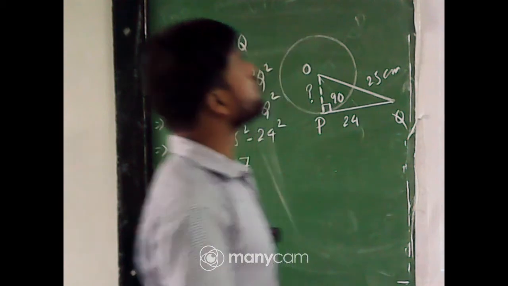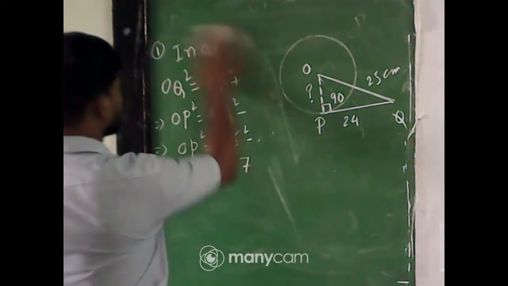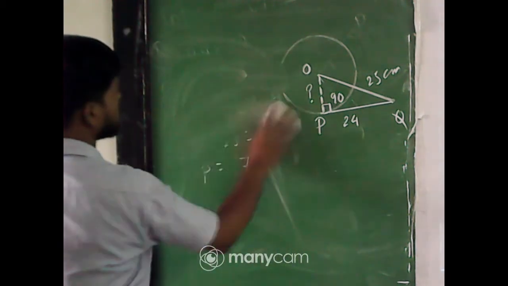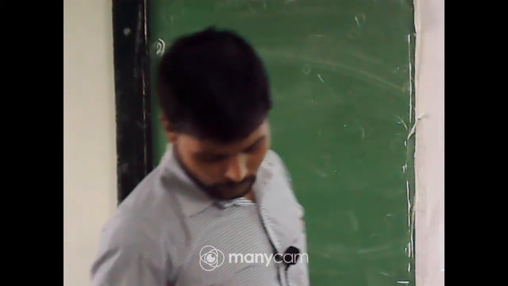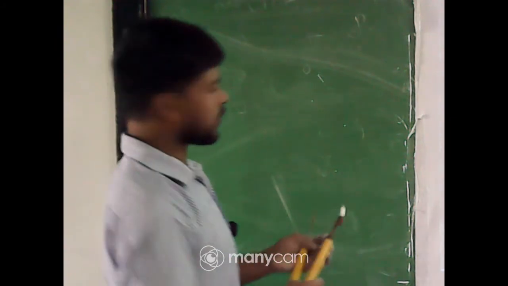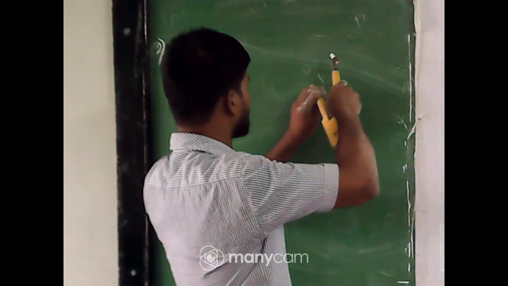Question number 2 is in the figure 10.11. One circle is drawn here, so draw a circle.